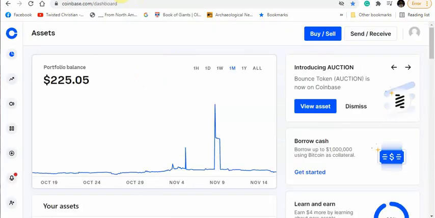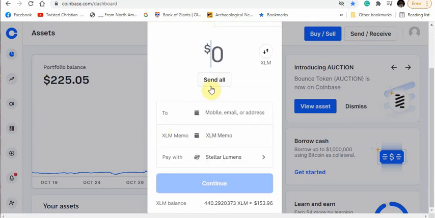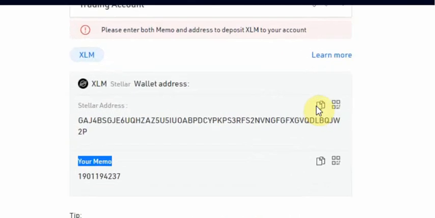So now I'm going to go back to Coinbase, click on send and receive. And so now I'm going to copy my memo and my Stellar address.